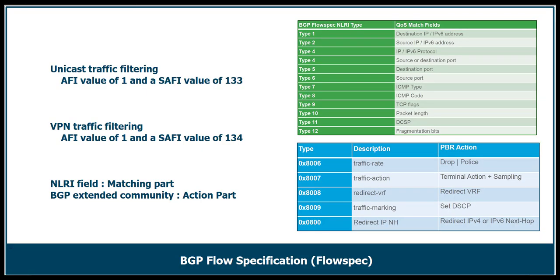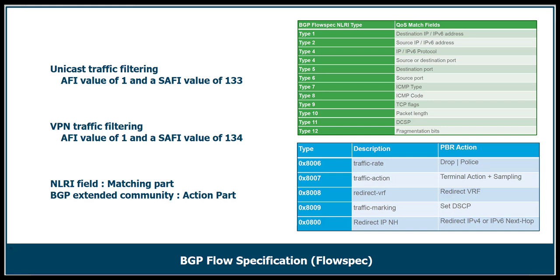BGP Flowspec defines a new NLRI with an AFI value of 1 and a SAFI value of 133 for unicast traffic filtering, and also a SAFI value of 134 for VPN traffic filtering.